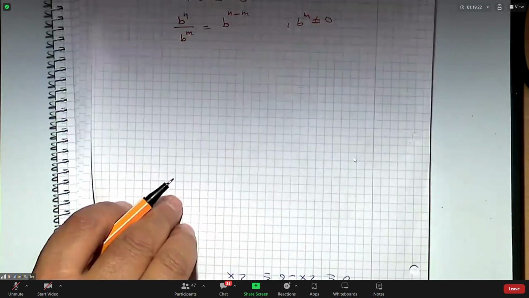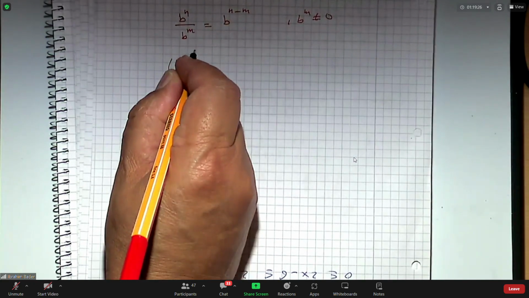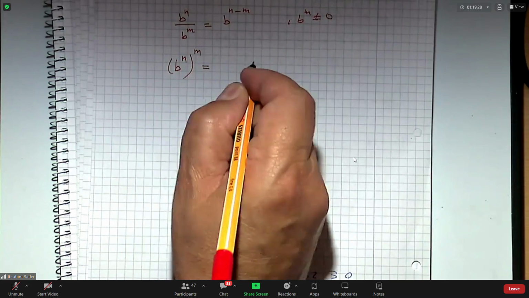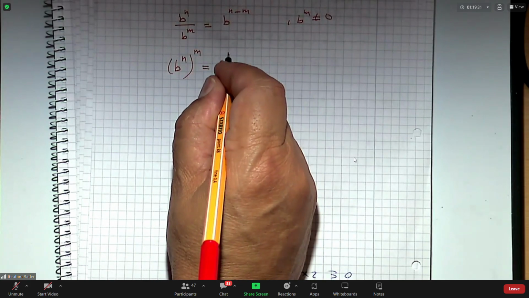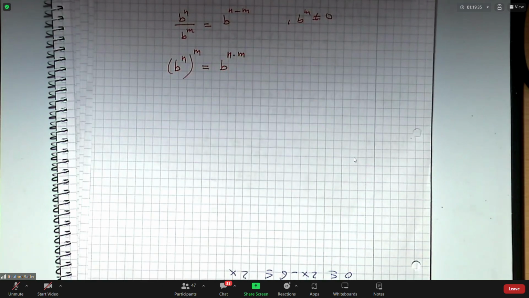Now if I have a number b to the power n, all to the power m, it is n times m, right? So these rules we need to apply here, some in the other direction, of course.